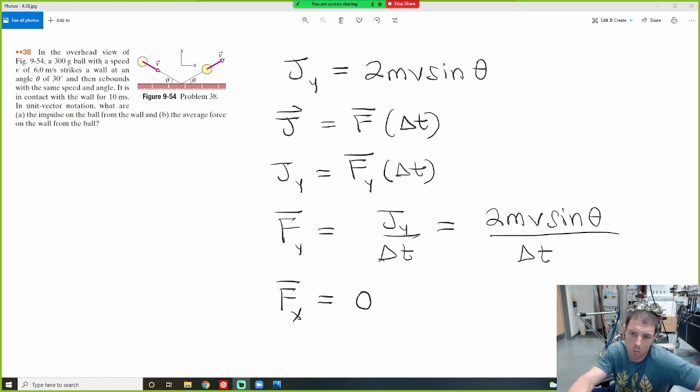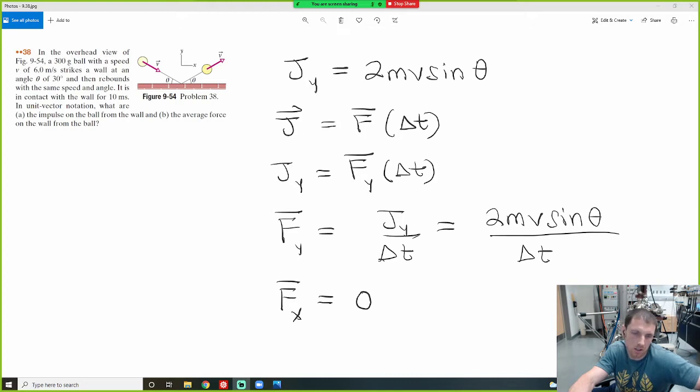You might be wondering what this would look like if we wanted to solve for what they actually ask for, which is the average force on the wall from the ball. The way you would do this is you would just remember what Newton's third law says. The magnitude of the force that the ball exerts on the wall is the same as the magnitude of the force that the wall exerts on the ball, but they point in opposite directions.